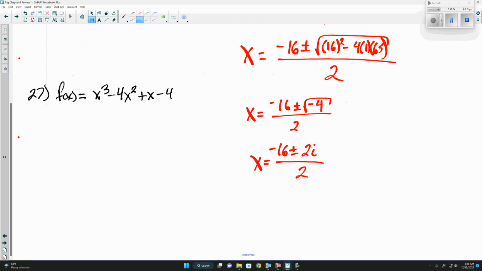It's going to be 2i, because the square root of 4 is 2, and the negative comes out as i. Now we do notice that both of the numerators are divisible by 2. When we simplify that, we'll get negative 8 plus or minus i.